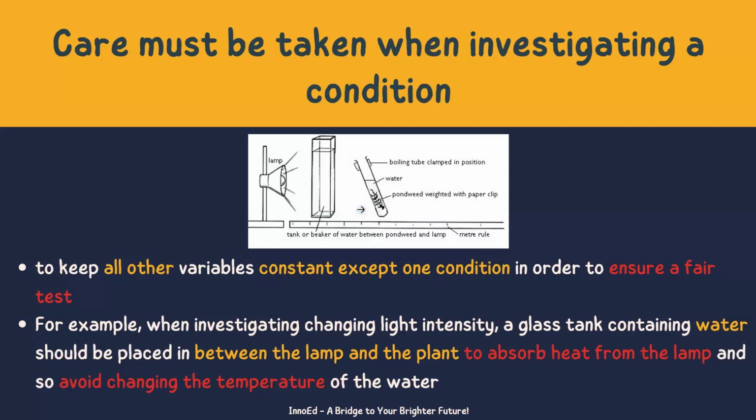To remove that error, to improve this investigation, we have to keep a tank or a beaker of water between the pondweed and lamp so that the water will absorb the heat from the lamp. This is how we improve the design of the investigation.